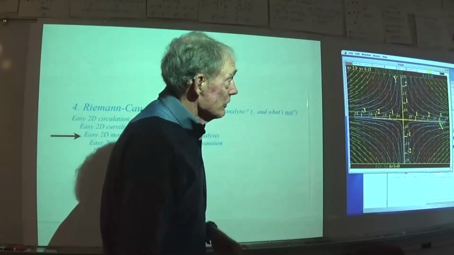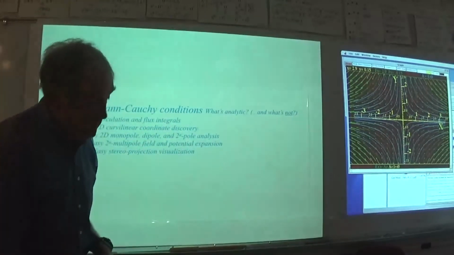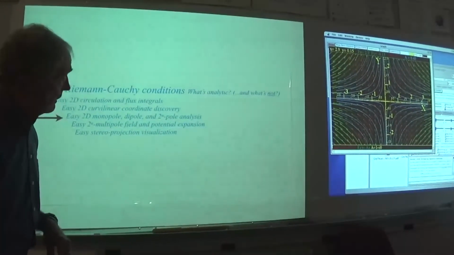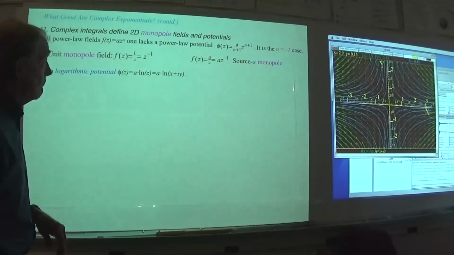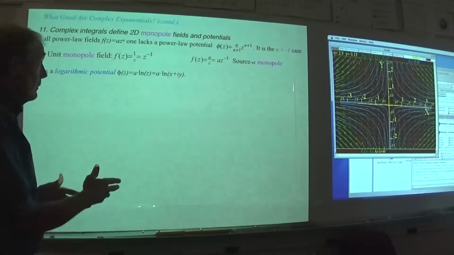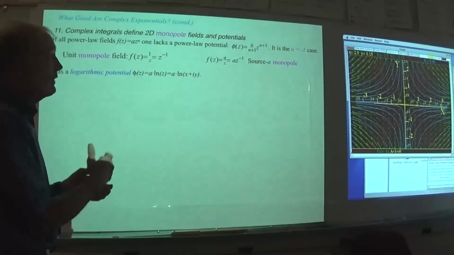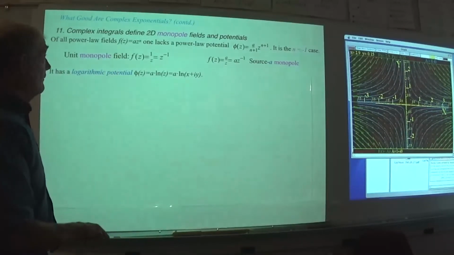We want to take a look here at what it means to have a monopole source, the most elementary source, which puts out the fields. In other words, things that are making these fields are collections of these things.